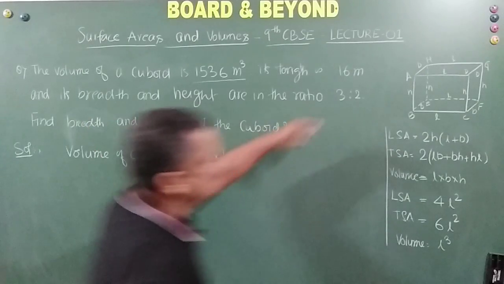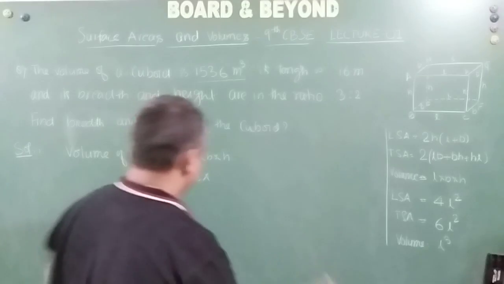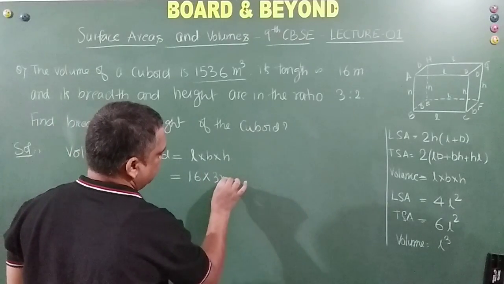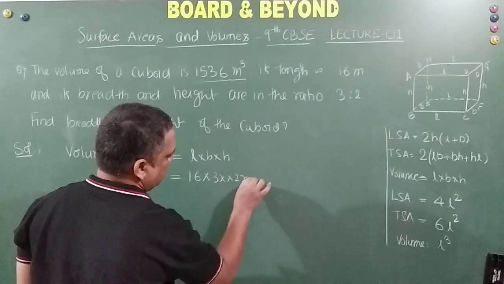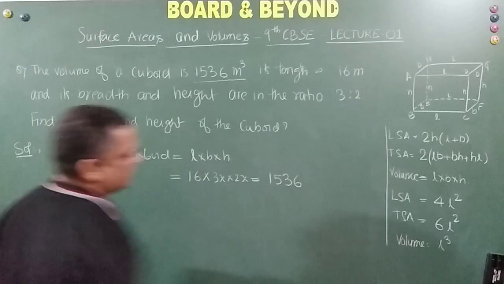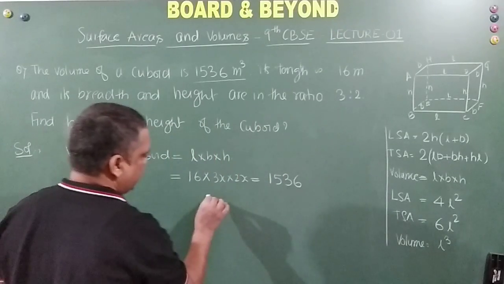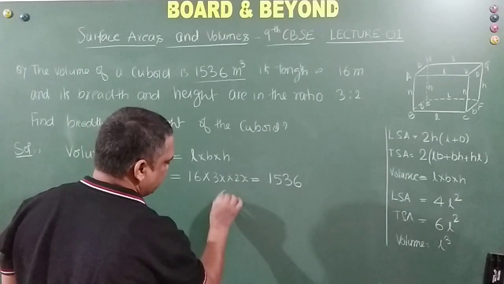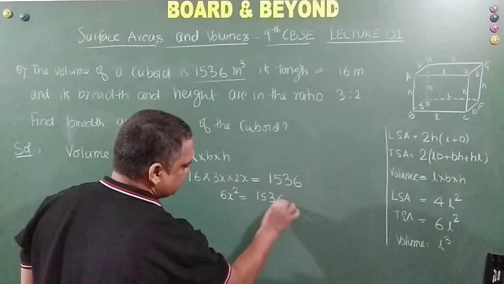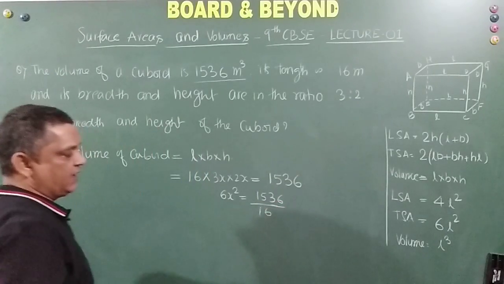Let us say the ratio is 3:2, so let us assume 3x and 2x, where x is a constant. 3x into 2x would be equal to 1536 as per the question. So this becomes 3 into 2, that is 6x square, is equal to 1536 divided by 16. You are getting my point?